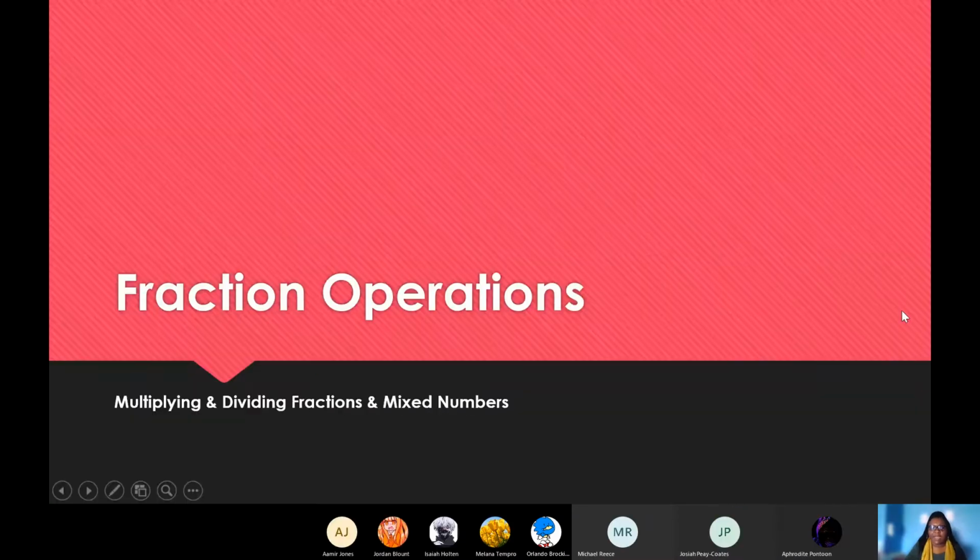And if you would, please write down in your notes at the top on a new page, fraction operations. Specifically, we're going to be multiplying and dividing fractions and mixed numbers. Today, we're just going to be focusing on multiplying fractions and mixed numbers.